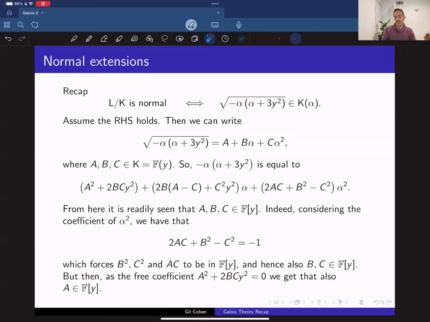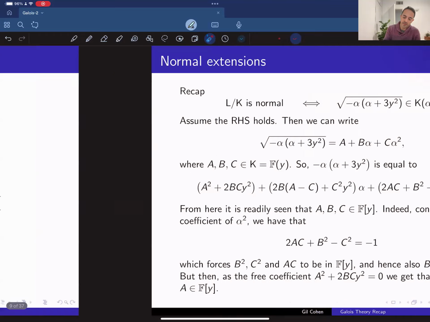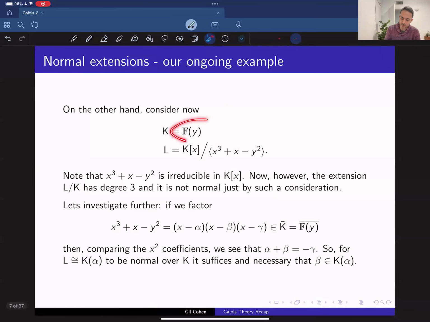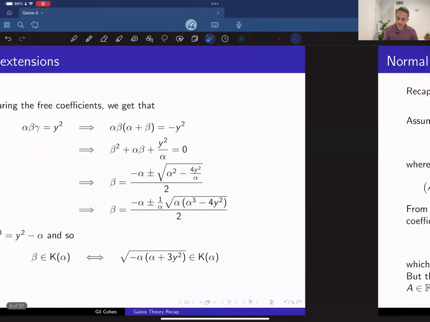Because if there were a linear combination of these, then the irreducible polynomial of alpha would have been of degree 2 and not 3. So if this element appears here, then you can write it as A plus B alpha plus C alpha squared, where A, B, and C are rational functions in Y, because K is F of Y, the rational function field.